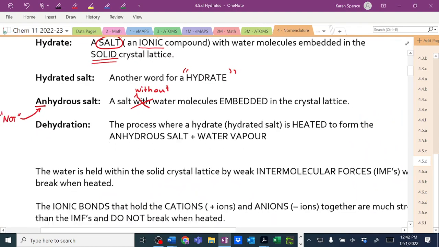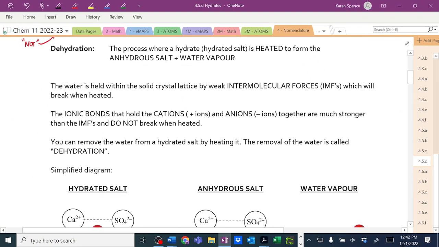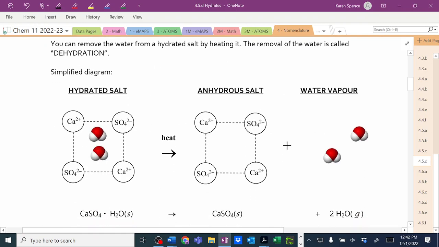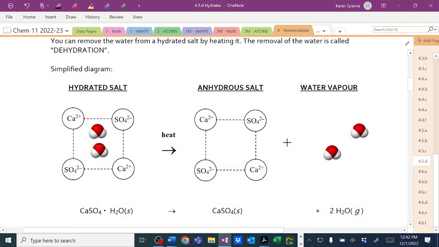Okay? So here's our little picture of what that might look like. This is just one little cell. This is representing one little cube of the ionic crystal lattice, but it's only in 2 dimensions because I can't draw 3 dimensions. And you'll notice that this is our crystal lattice.